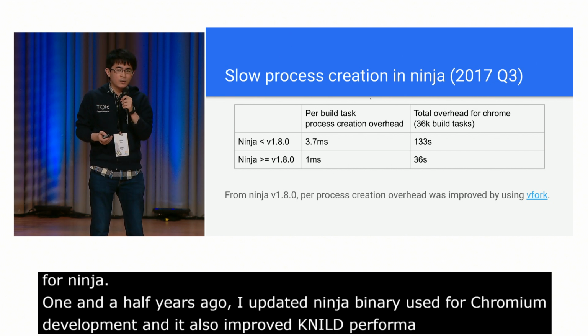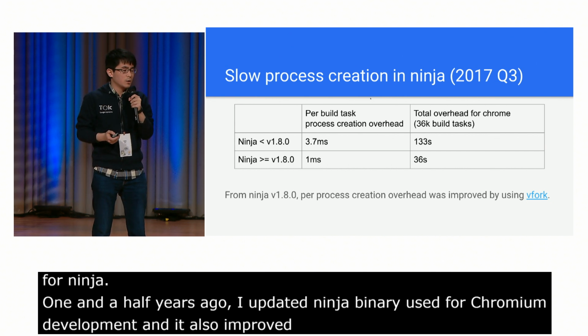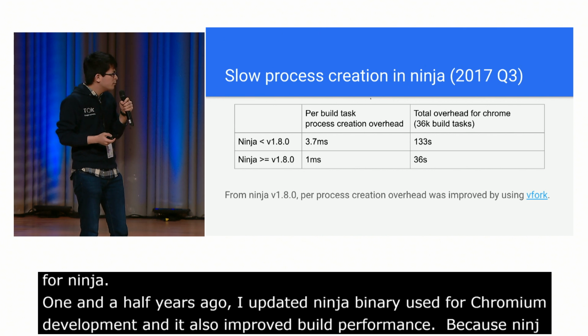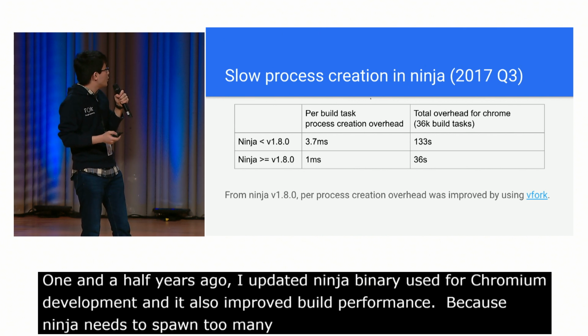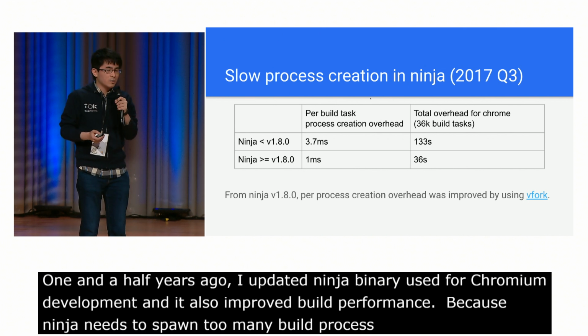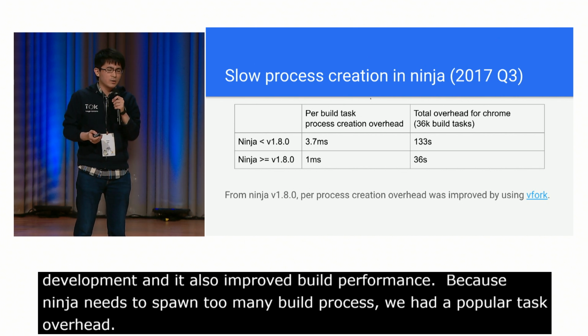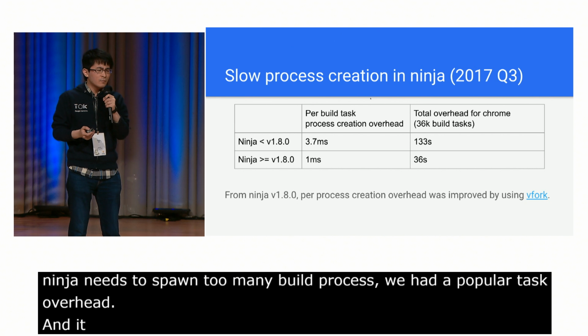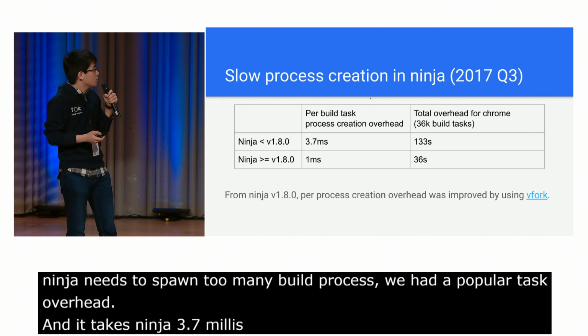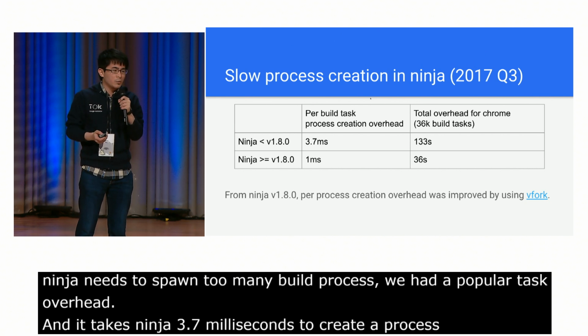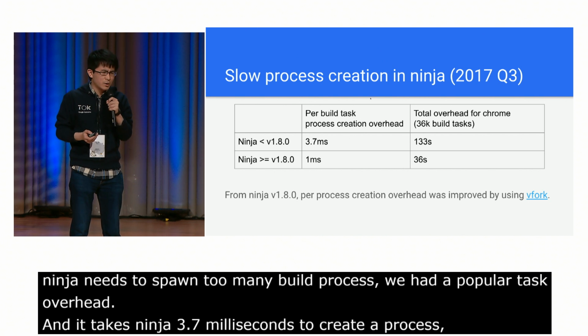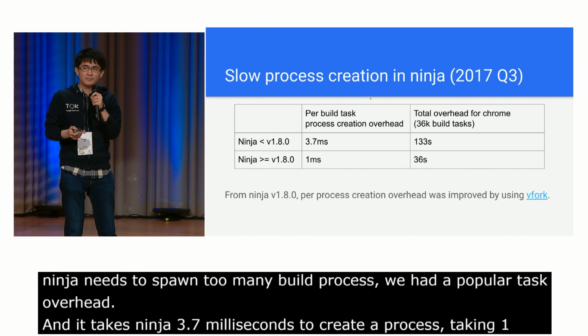Because Ninja needs to spawn many build processes, we cannot ignore the per build task overhead. Before the update, Ninja took 3.7 milliseconds to create a process, and the total overhead became 133 seconds. But after the update, the create process overhead became much smaller.